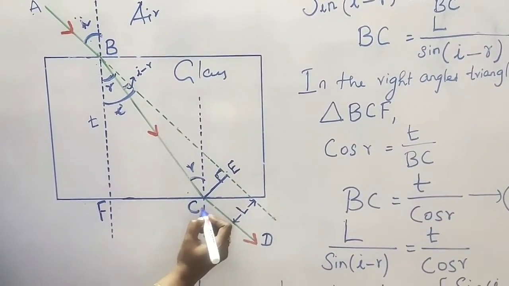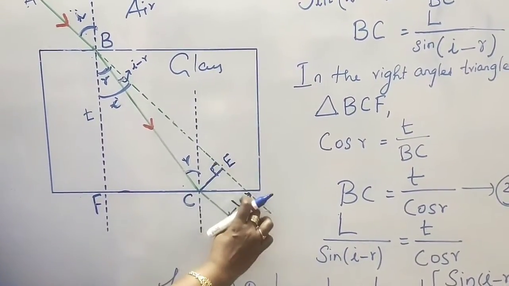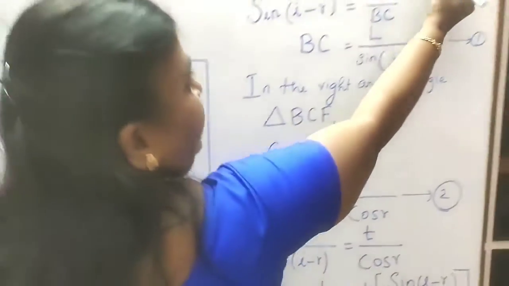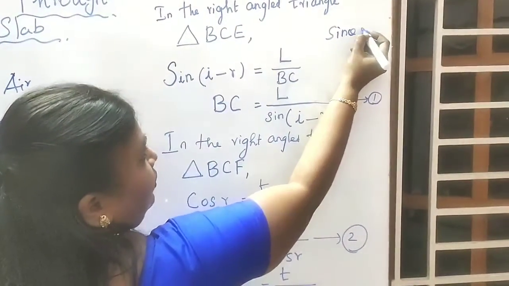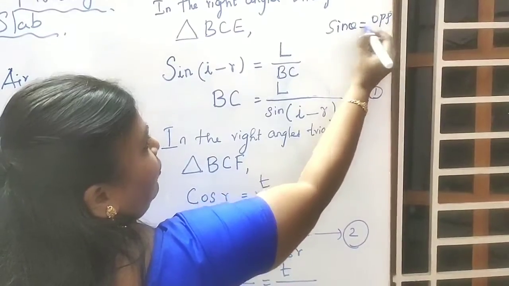The opposite side is CE, which is nothing but L. So sine theta is equal to opposite side by hypotenuse.